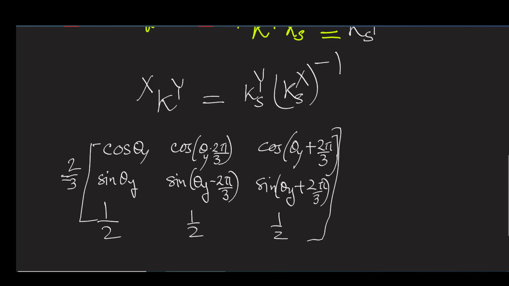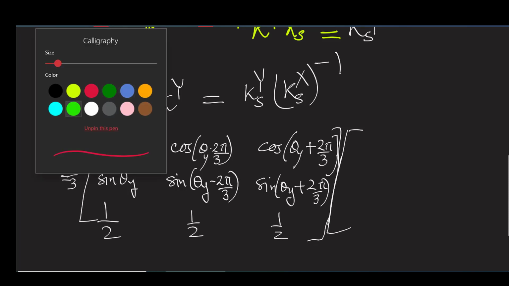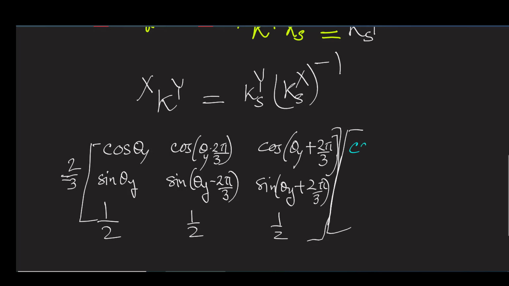something like, let me use different color. It will be cos theta x, minus 2 pi by 3 and cos theta x plus 2 pi by 3.